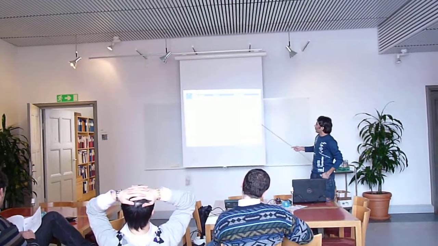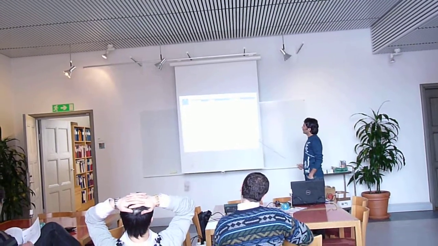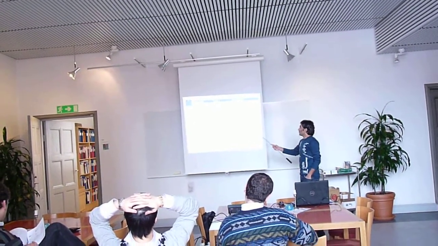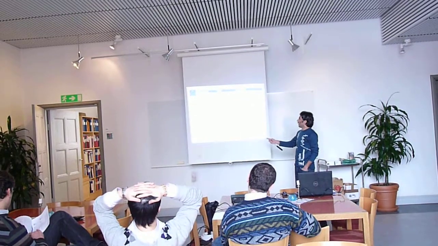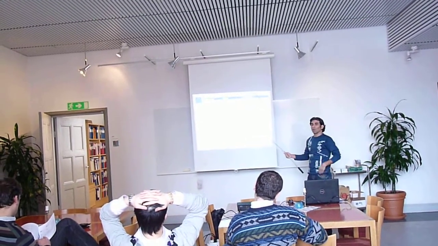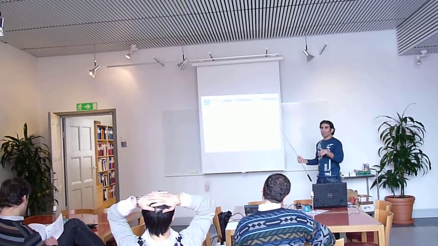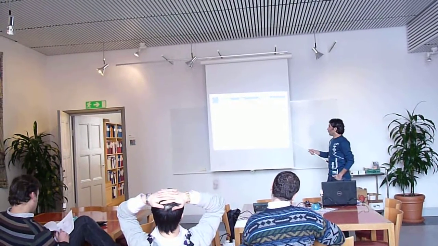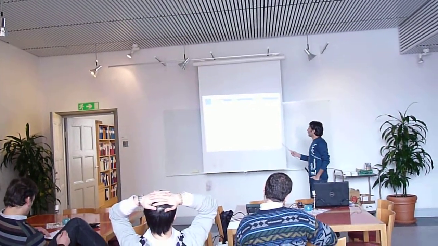And here is the table for the different parameters we use in our simulations. First is the channel dimension. Here Lx, Ly and Lz are the dimensions of the channel in the streamwise, spanwise and vertical directions. And here we have different resolutions.